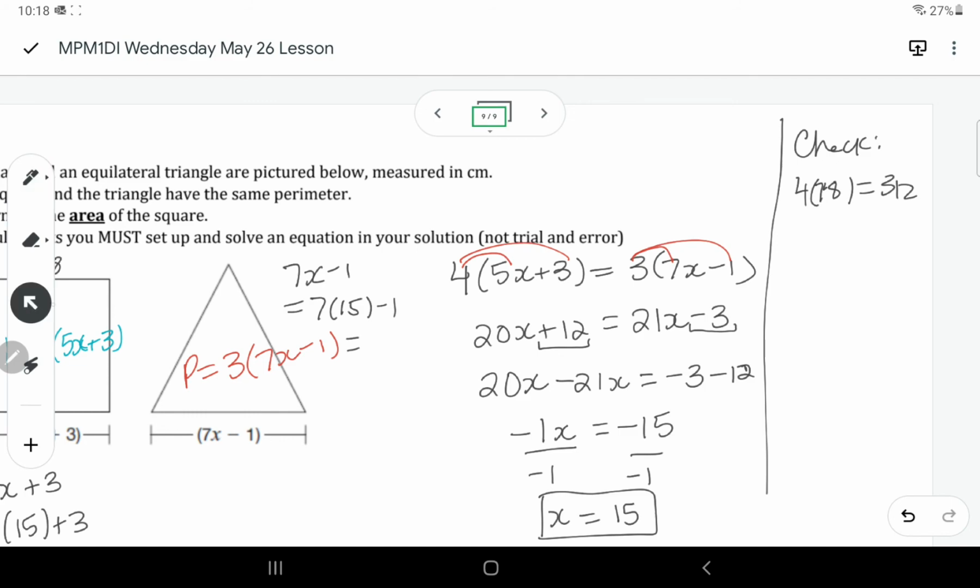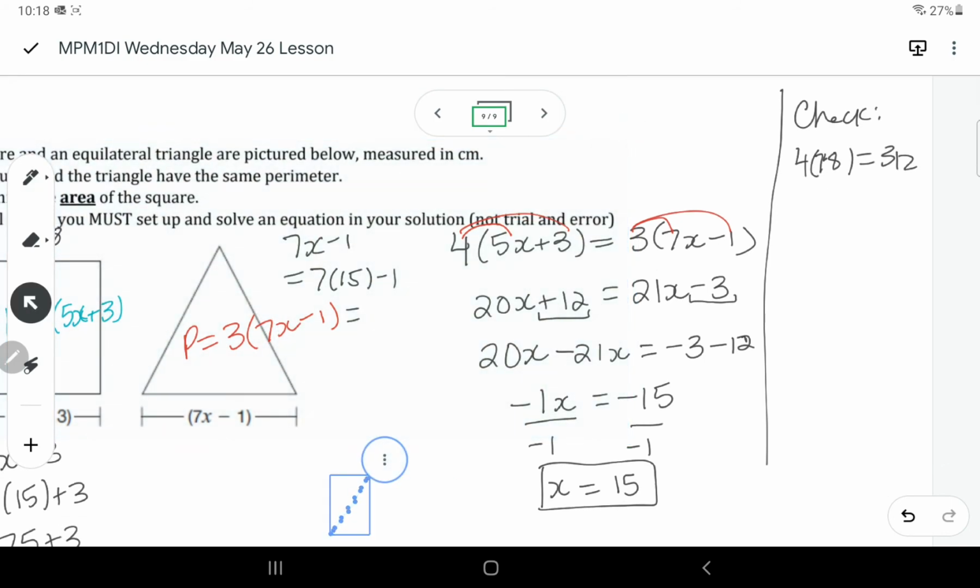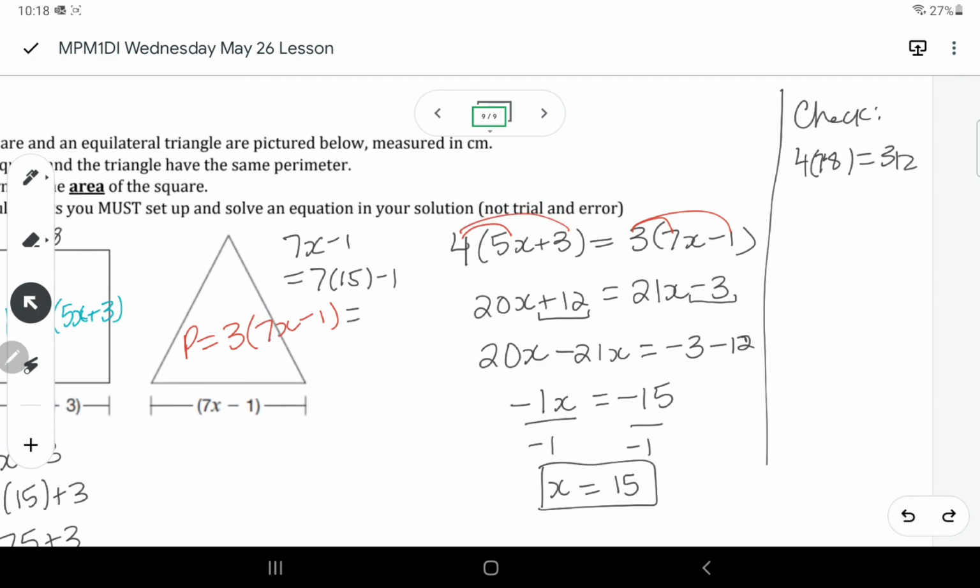This is optional though. Checking this is an optional thing. So 105 minus 1, or 104. And here, 3 times 104 also equals 312. So our two perimeters would have been equal here.